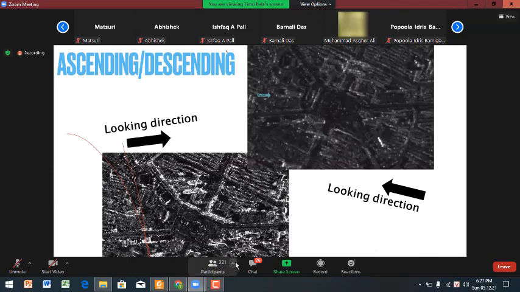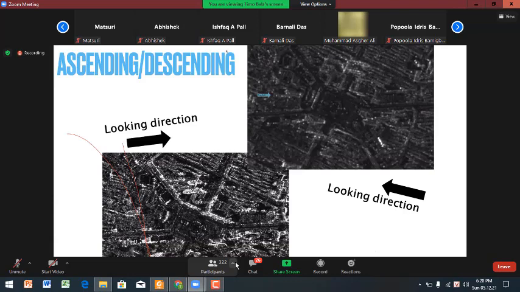Now we see that a bit here with an example with an ascending and descending image. On Friday I mentioned that we have orbits, the ascending orbit and the descending orbit. If you remember that, our satellite is going around the Earth.